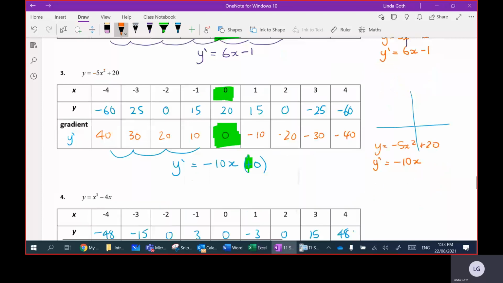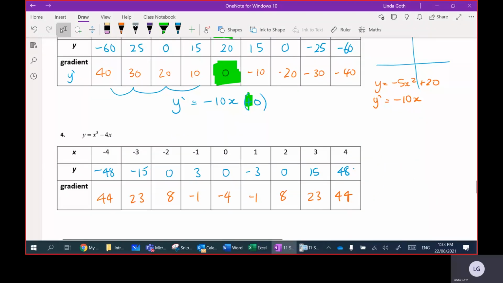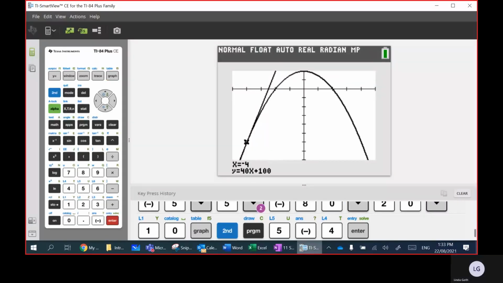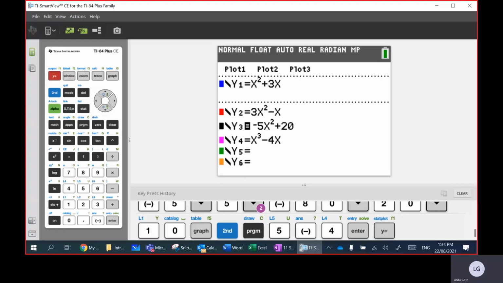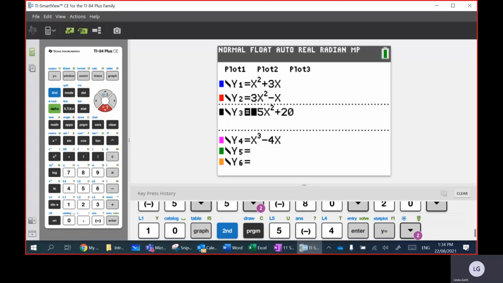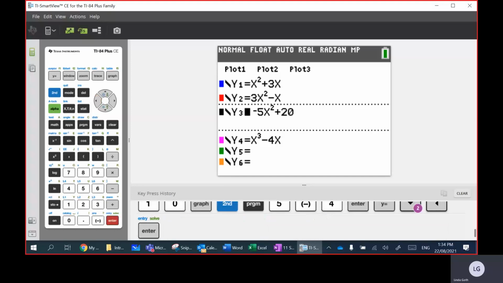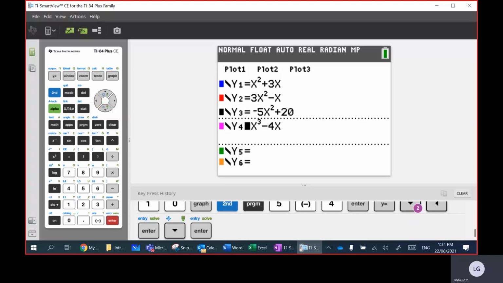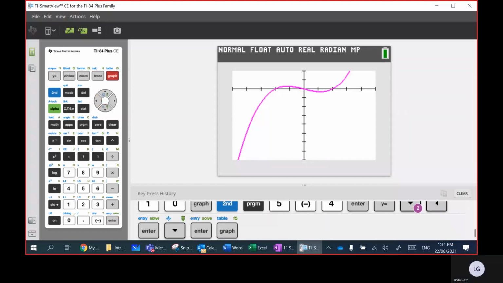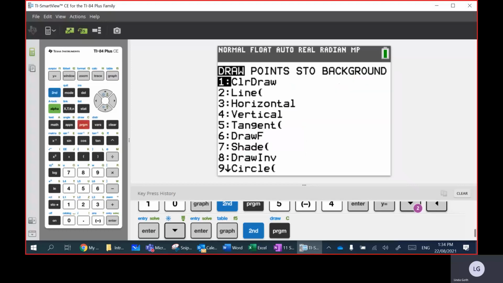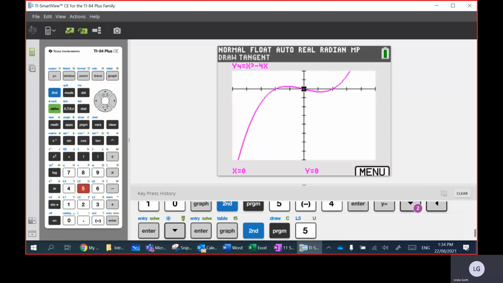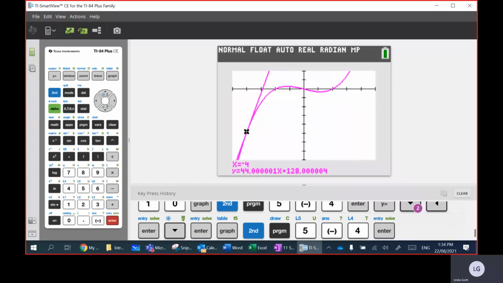Our next one's a bit different because this is our cubic. So when we graph it up, it's not going to be a parabola, it's going to be a nice cubic. So I again will turn my equal sign off that one, put it on this one instead, press graph, and there's our nice cubic. I'm going to have a look at what happens when I draw in tangents at different points along this curve, and I might do one more just for fun.